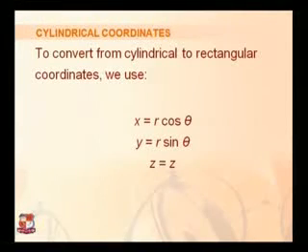Otherwise the Jacobian will be the same, and the procedure to find the limits of r and theta is also the same as polar coordinates. So we can fix the limits of r and theta, and z is already given in the example, so we will get the limits of r, theta and z, and we can easily evaluate the question with the help of these cylindrical coordinates.